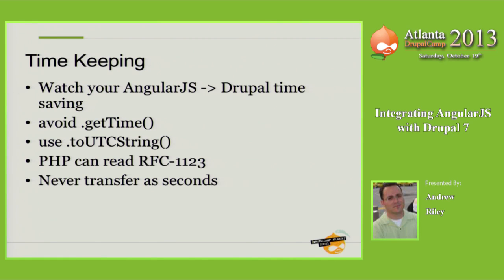There are some newer methods to the date object that will put it out in some other strings, but a lot of them haven't been adopted for anything IE8 or below. And we're always limited by that lowest common denominator. So the toUTCString seems to be pretty well supported by Internet Explorer, so you can still use it in the older versions. And ultimately, you never want to transfer it as seconds or milliseconds because that's just asking for a world of pain.